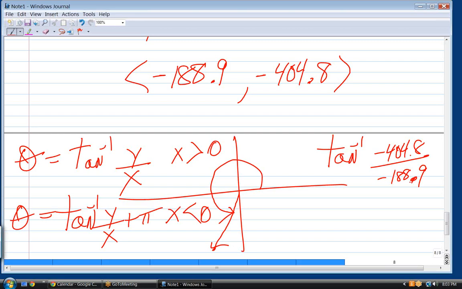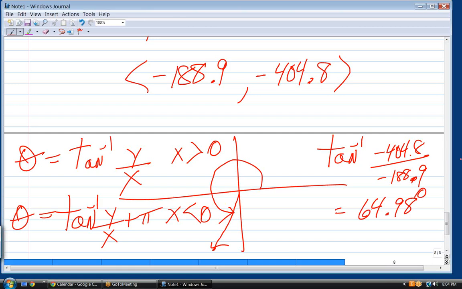What's the inverse tangent of that in degrees? So that is 64.98. Now we would add 180.